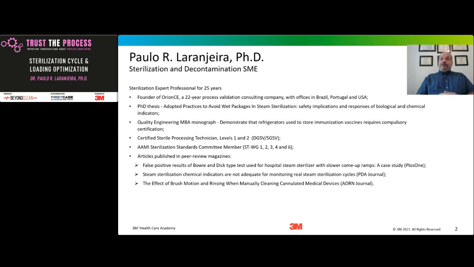I'm a professional sterilization expert. I have been working with many sterilization methods: steam, EO, radiation, hydrogen peroxide, formaldehyde, anything that is related to sterilization, for the past 25 years, developing cycles, developing processes, developing medical devices to be sterilized in these methods.